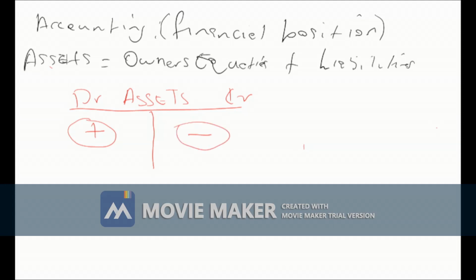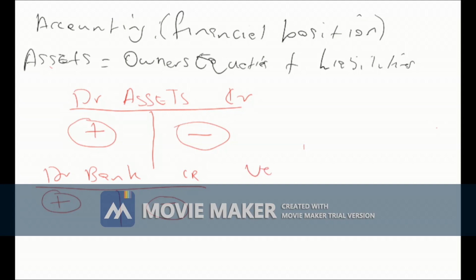All types of assets. So if there is a type of asset which is a bank, maybe the question says you need to open the T account of a bank. We have a credit side, we have a debit side. This T account will automatically increase on the debit side and decrease on the credit side, because it is a type of asset.